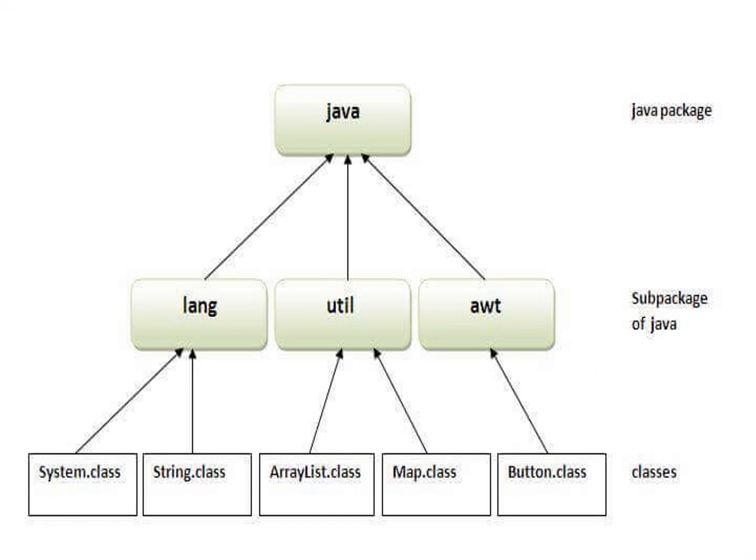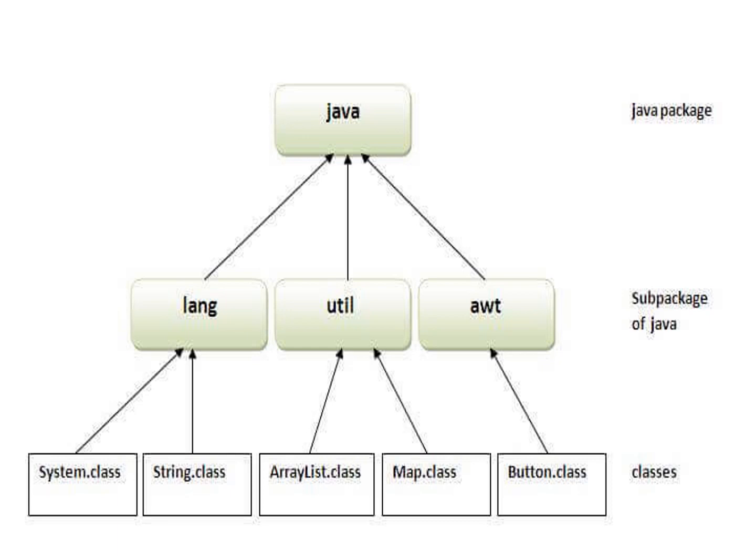We consider Java as one of the packages. It is composed of the lang package, the util package and AWT as subpackages of Java. The lang package contains System.class, String.class.